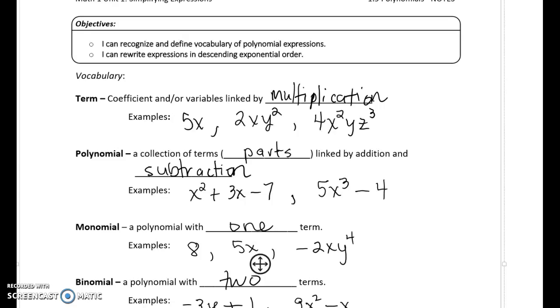Some polynomials have 3 terms, like x squared plus 3x minus 7. Again, those are 3 terms separated by a plus sign and a minus sign. And we have 5x cubed minus 4, and that polynomial has 2 terms. We'll get more into that as we go along with the notes.